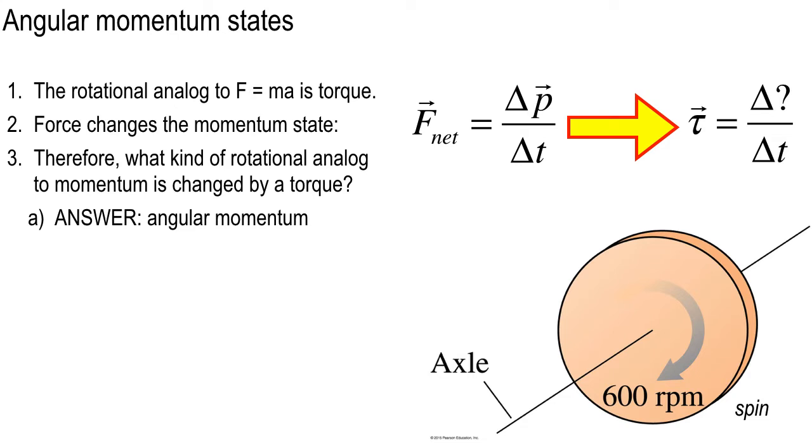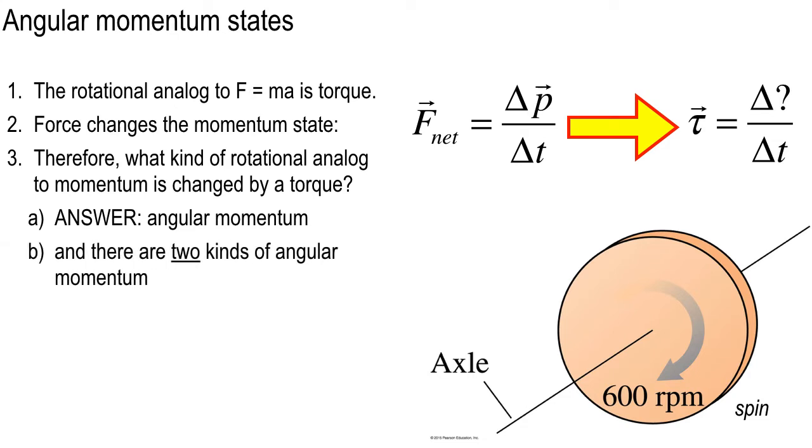Now, if you look at this set of equations, the first one is F net equals the quotient delta P over delta T. That's Newton's second law, F equals ma, but written in terms of the momentum. And we're going to do a similar thing with torque. It's going to be torque equal to the quotient of angular momentum over delta T.